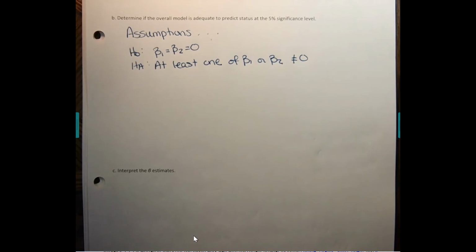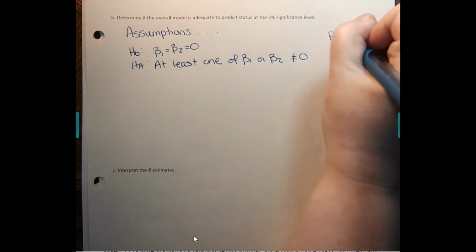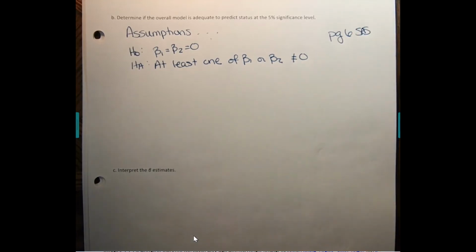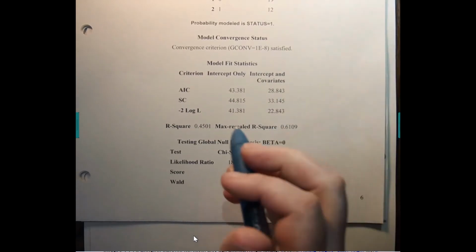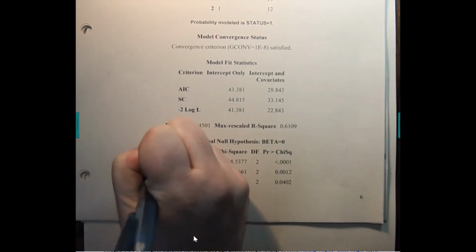Now we need to find our test statistic for this test. We're first going to look at the SAS output, which is located on page 6. On page 6, you will notice there is what is called the likelihood ratio test. That is the test we're going to use here for our model fit. So this is what we need for page 15.